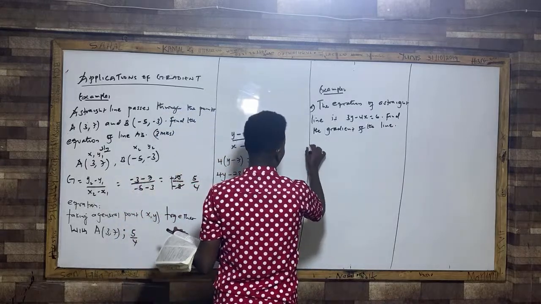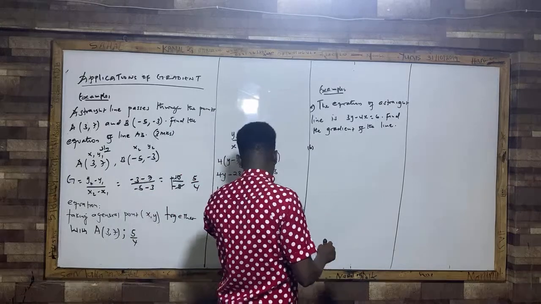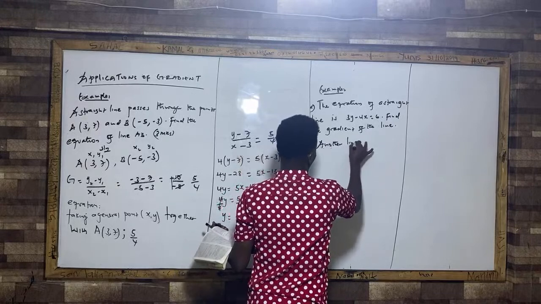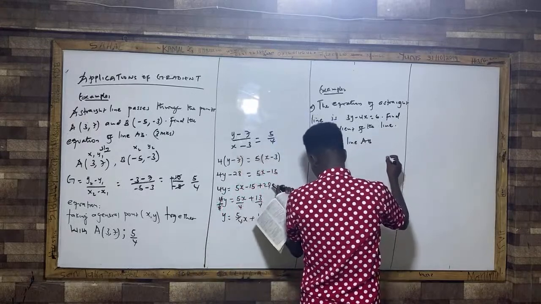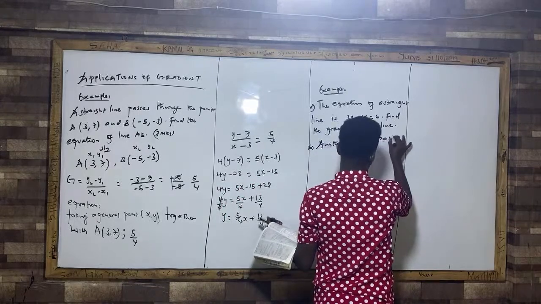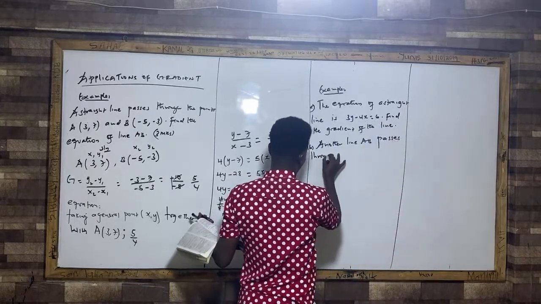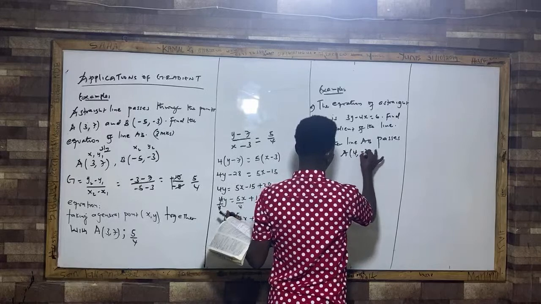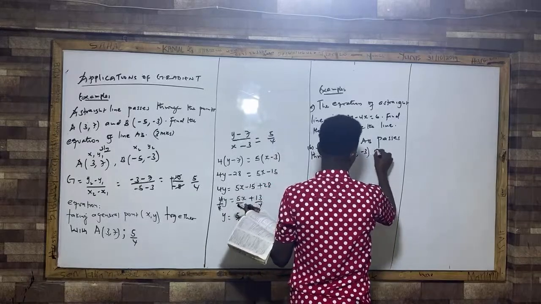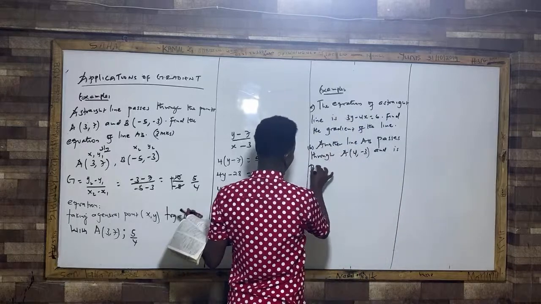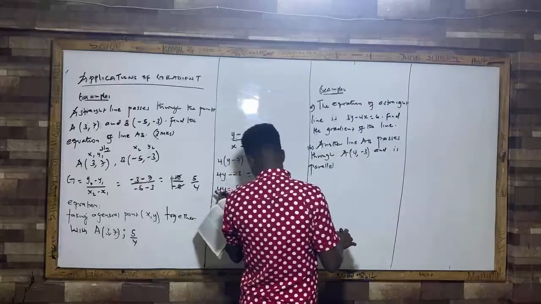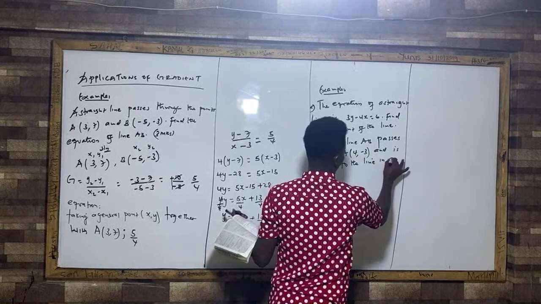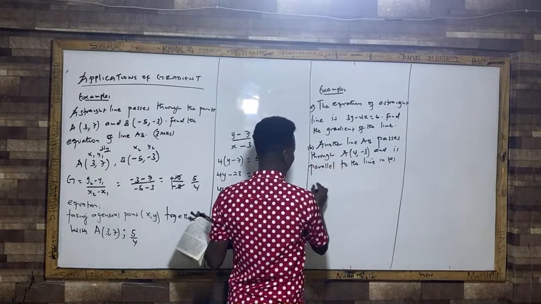Then we have question B. In question B, you are told another line AB passes through A (4, -3), and is parallel to the line in A above.